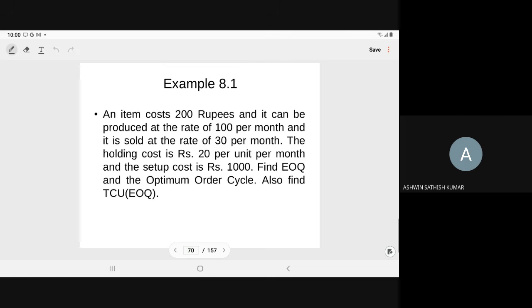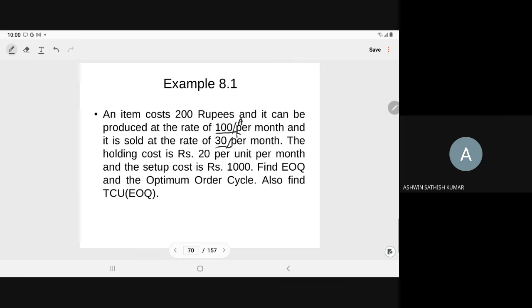An item costs 200 rupees and it can be produced at the rate of 100 per month and it is sold at the rate of 30 per month. What is this? This is the delivery rate.